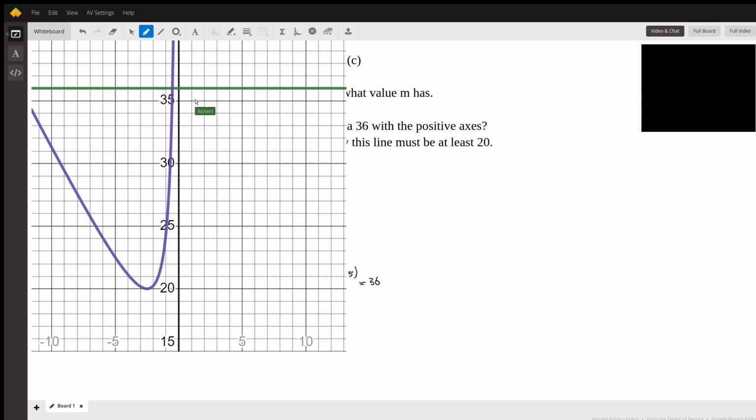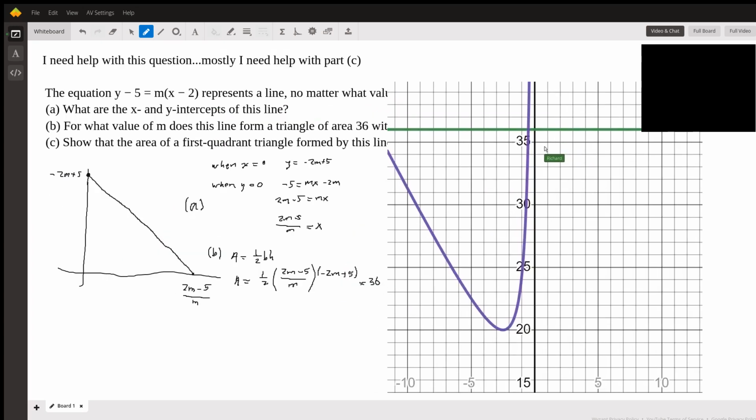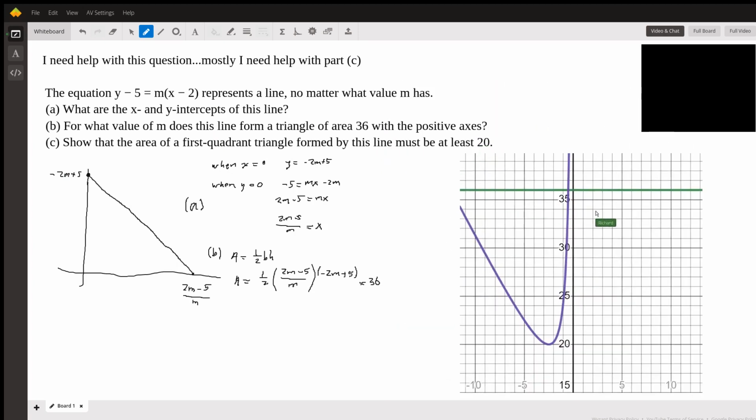Okay, so let's get this over here where we can see it. Make it a little smaller. Don't want to make it too much smaller because then we won't be able to read the question either. But I think you can see it now. Okay, so this parabola looking thing, this is not a parabola.